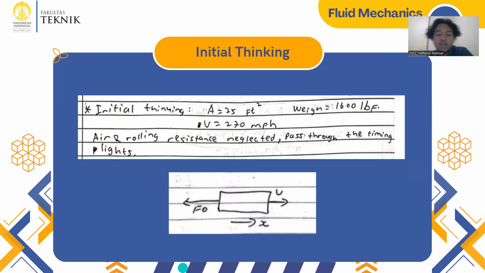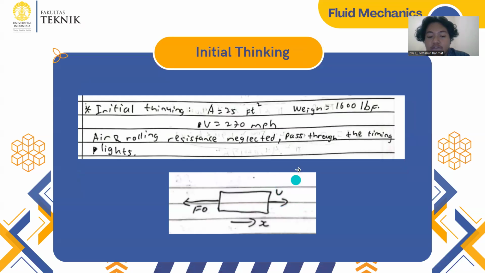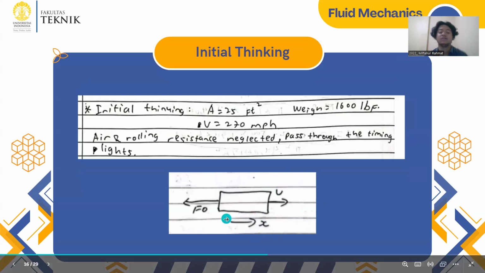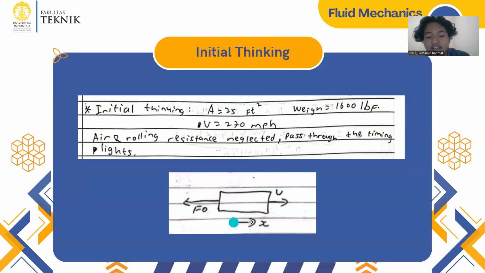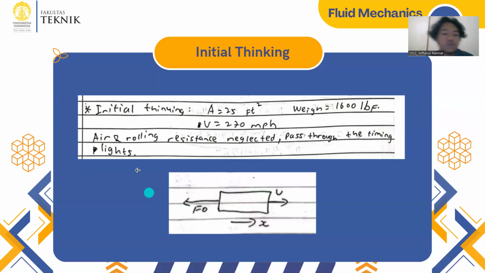We can know it like this: the vehicle moves at a speed of V, and then there is a differentiation of the x. And then for the parachute friction is FD. Okay.